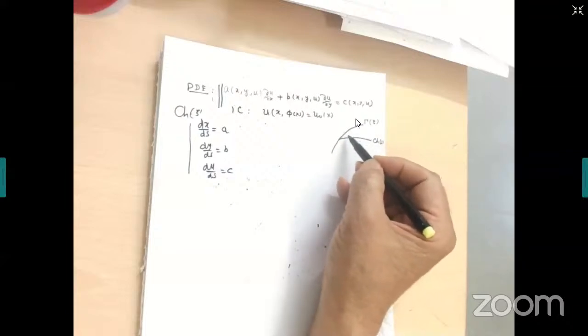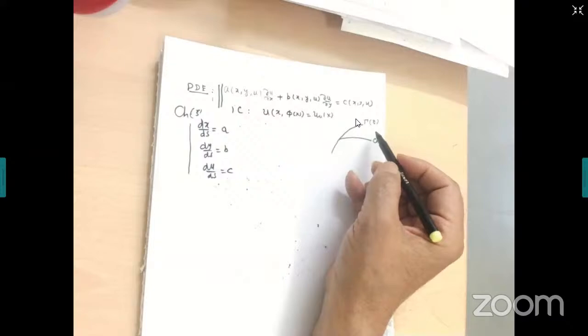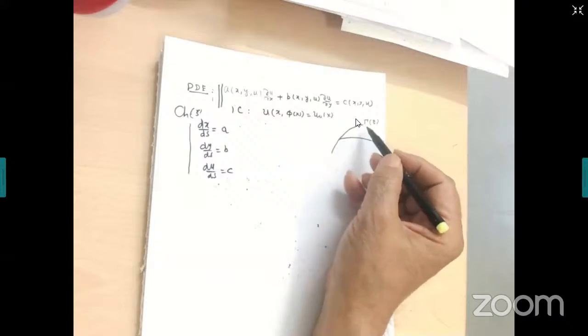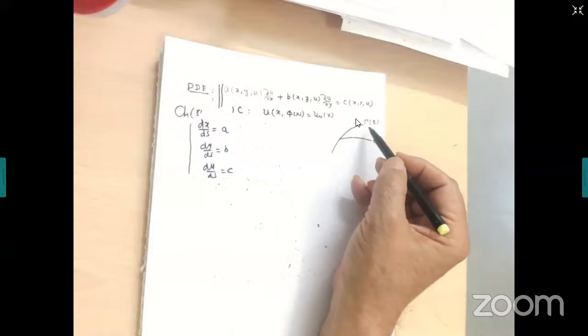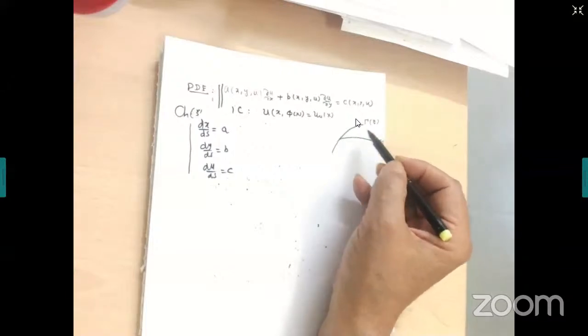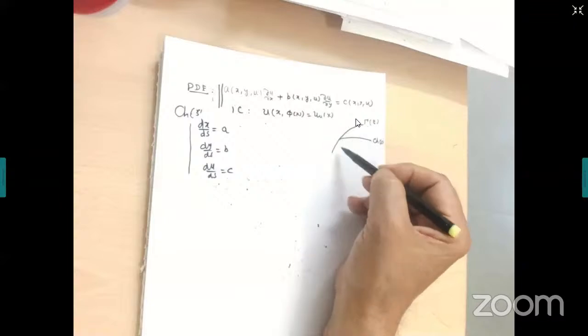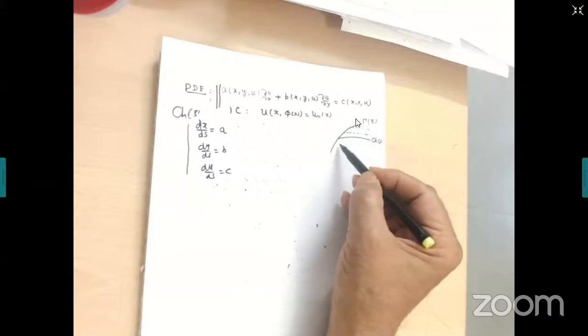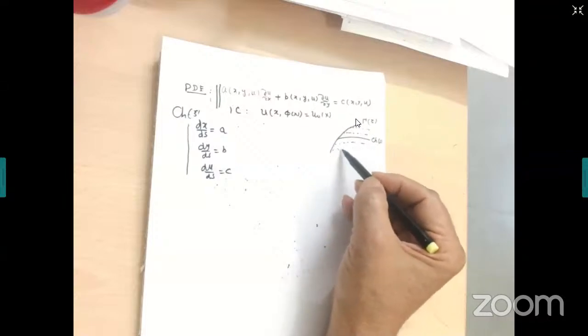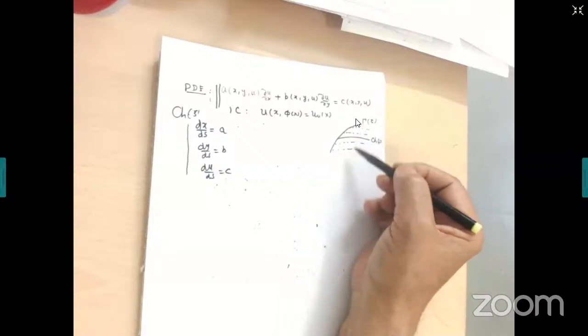The best way to solve the Cauchy problem is to look for characteristics emanating from each point of Γ in the direction of these characteristic curves, thereby sweeping a surface.